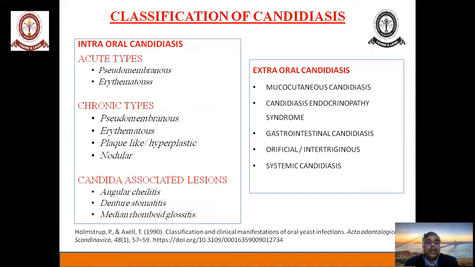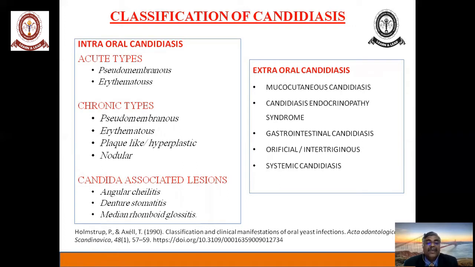In the acute type, we have the pseudomembranous type, which is popularly known as oral thrush, and the erythematous type, earlier called atrophic or antibiotic sore mouth. And in chronic types, again, pseudomembranous, erythematous, hyperplastic, otherwise called plaque-like, and nodular types are included.